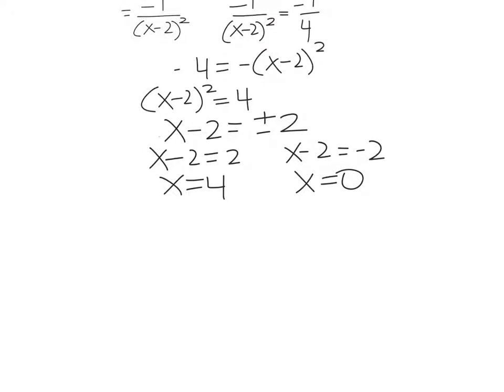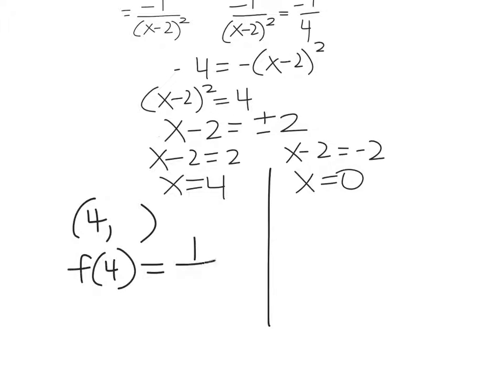Wow, two answers. Is that why it's like each tangent? So now we have two tangents to find. When x is 4, what's the y value? We're going to go back to the original. f of 4 is 1 over 4 minus 2, so that would be 1/2. And then over here, x is 0, so -1/2.